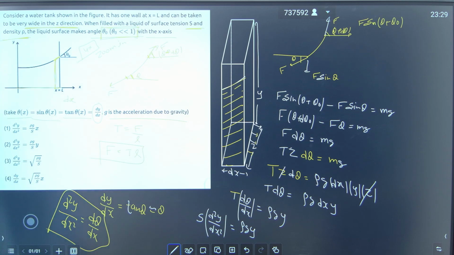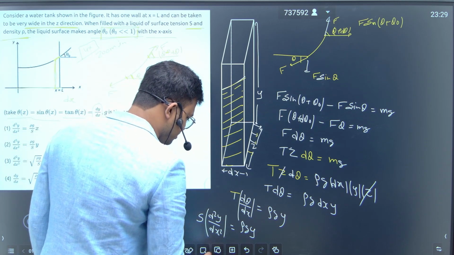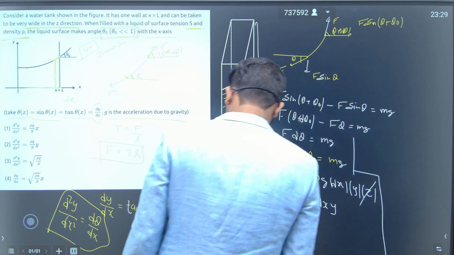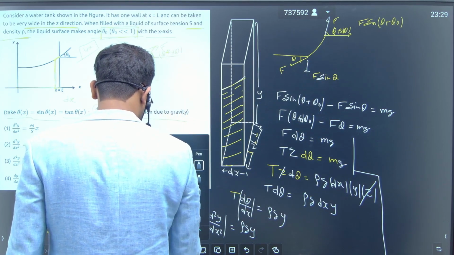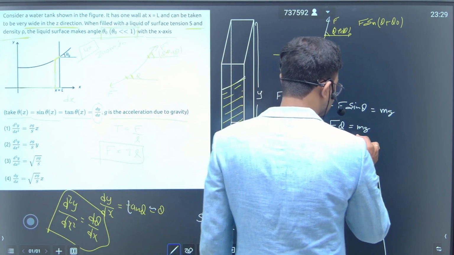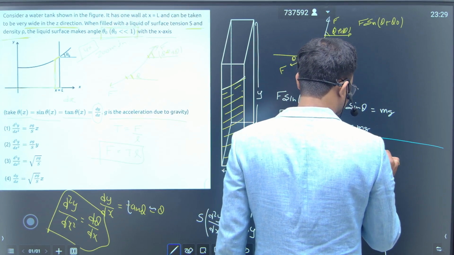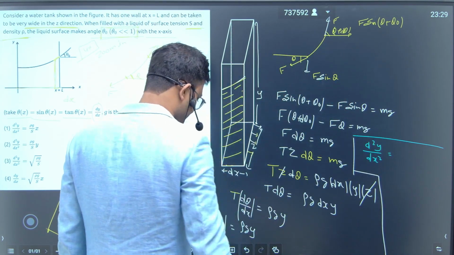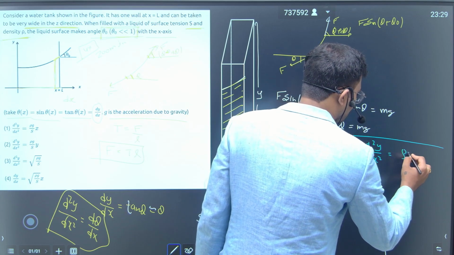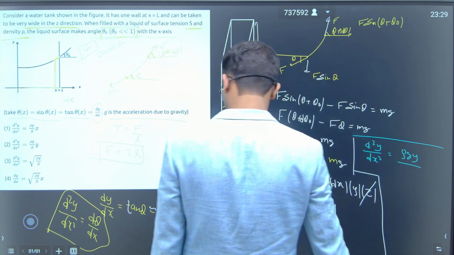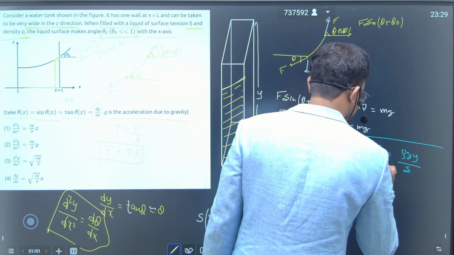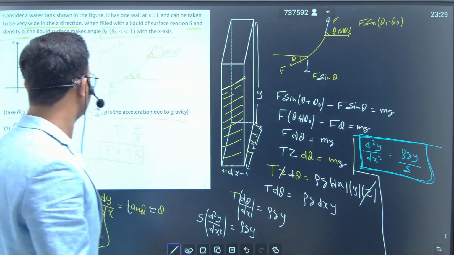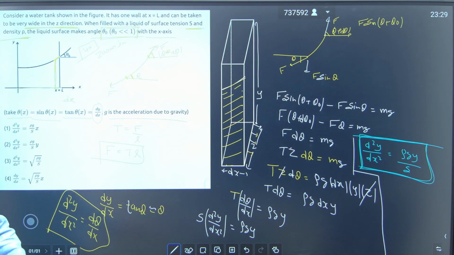We only need d2y by dx square, so d2y by dx square is equal to rho into g into y upon surface tension. And here is the answer to this question. Everything is clear?